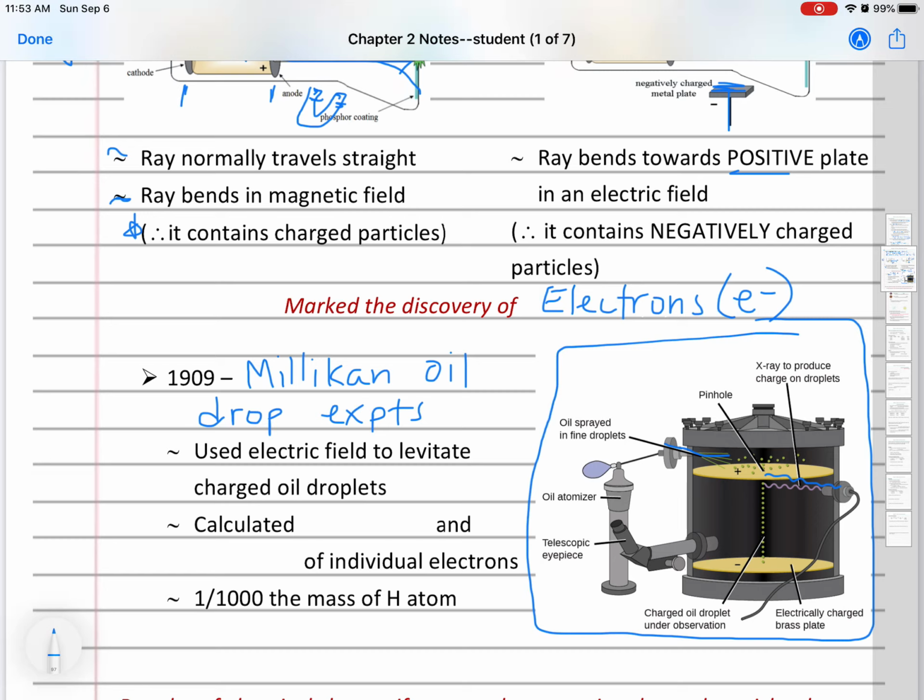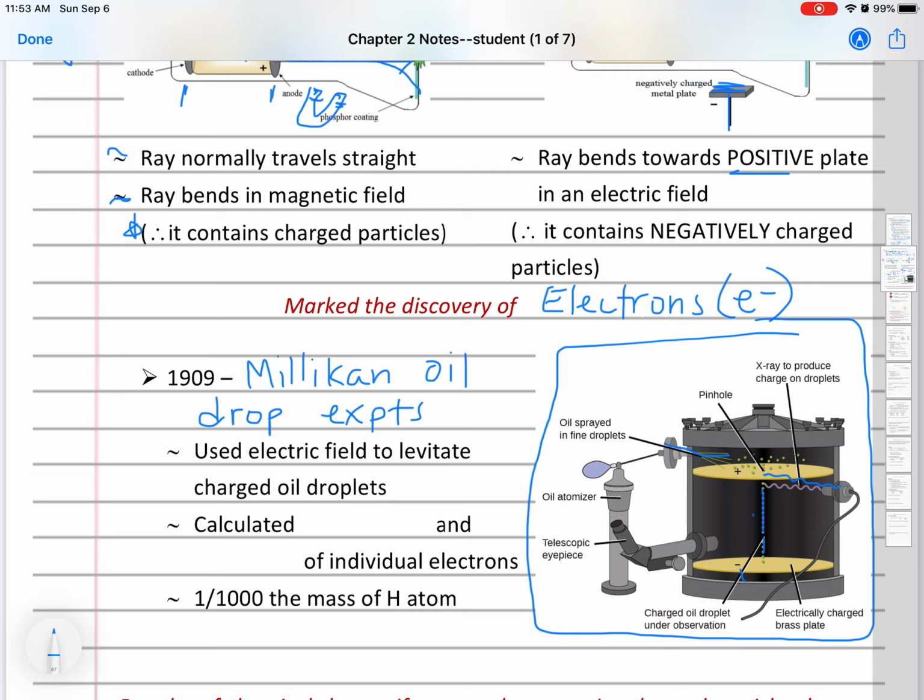Then he would drop these oil particles between two plates that were positively and negatively charged. By controlling the amount of electricity he ran through those plates, he could slow the drop of the oil, or he could even levitate the oil droplet.